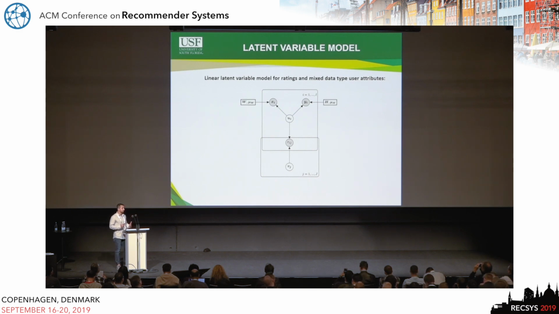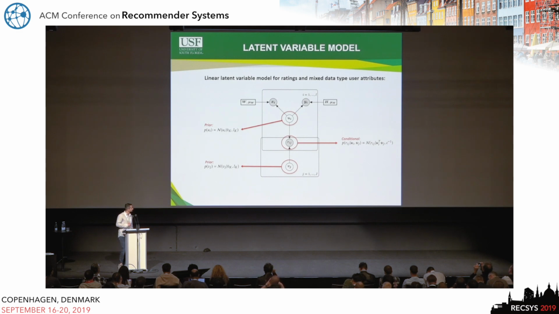To project the users to a latent space, we use a latent variable model. For each user, we assign a latent variable which has a zero-mean Gaussian prior. It is the same for latent item variables. And for the ratings, we use a dot product Gaussian conditional distribution. This part is the same as probabilistic matrix factorization models.